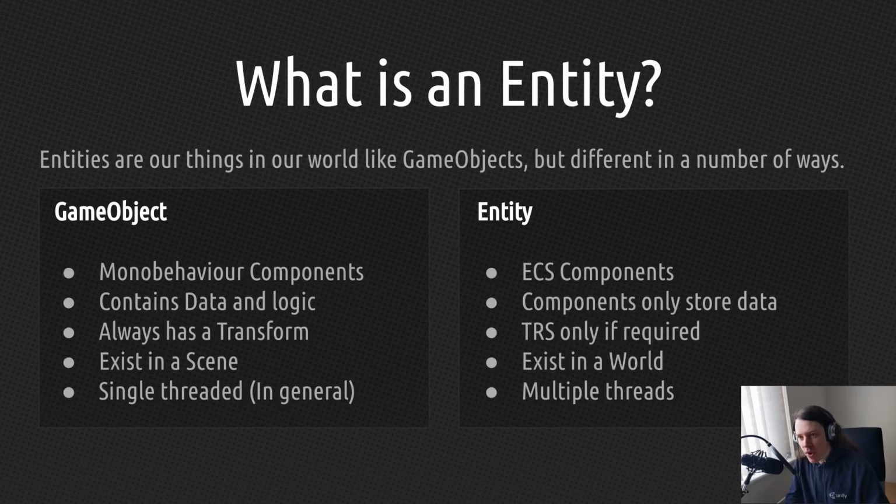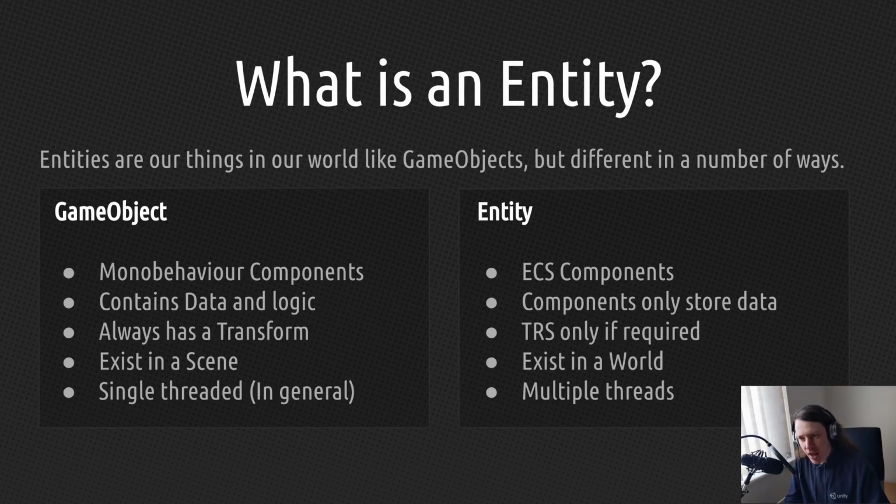Game objects always have a transform, so they always have a position, a scale, and a rotation. They exist in a scene, and in general, mono behaviors are geared towards single core operations.